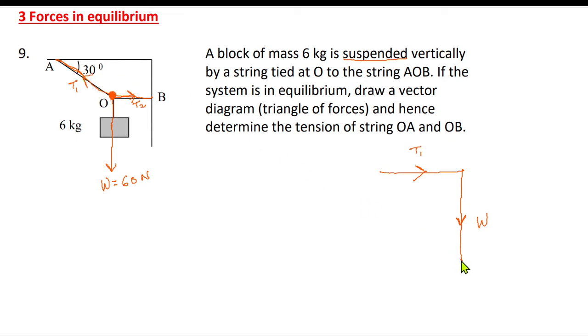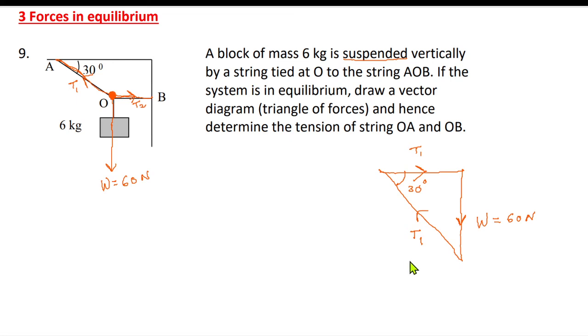So what force is this? This is our T1. What is the angle here? You see here? Parallel to this T1, right? Here it makes 30, so here it must be 30 degree as well. So my W just now is 60 Newton. Okay, so I believe now you can solve for T1 and T2.